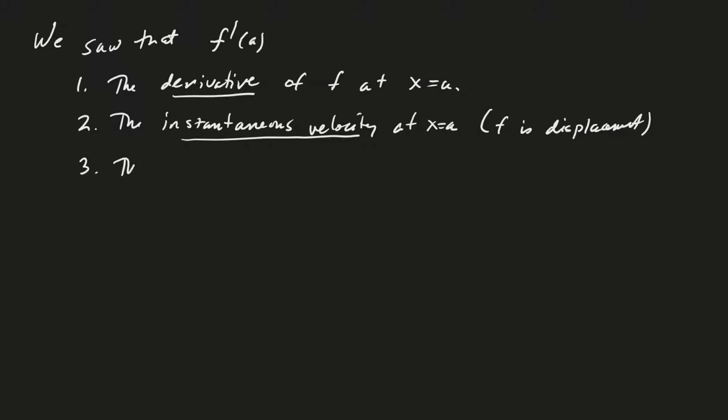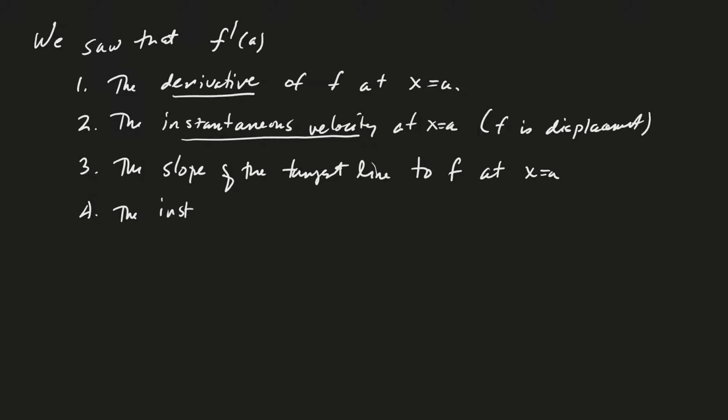It is also the slope of the tangent line to f at x equals a. Okay, and so just more generally speaking, it is the instantaneous rate of change of f at a.